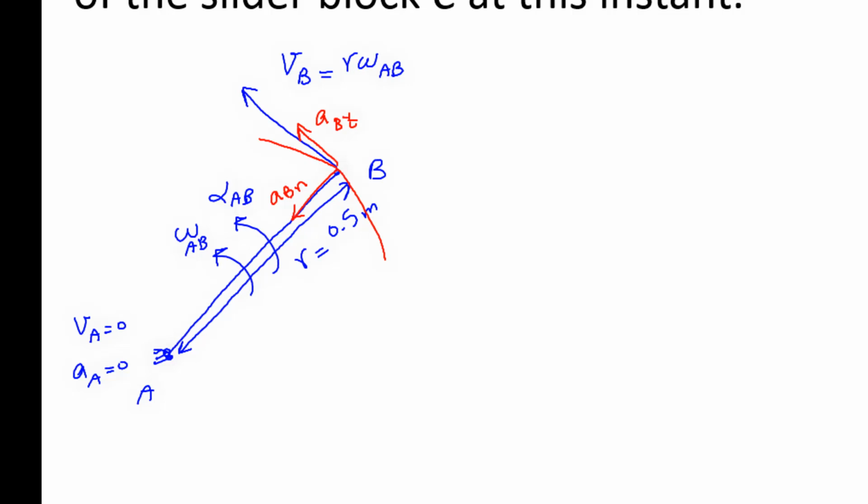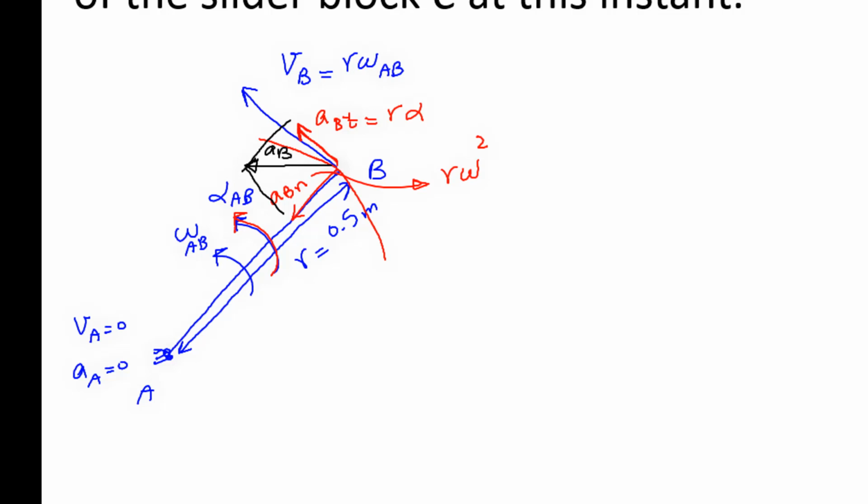Please notice that the tangential component at point B, which is equal to r alpha, has a direction which is consistent with the direction of alpha. The normal acceleration is equal to r omega square. So if you want to find the total acceleration of point B, you need to find the resultant vector.